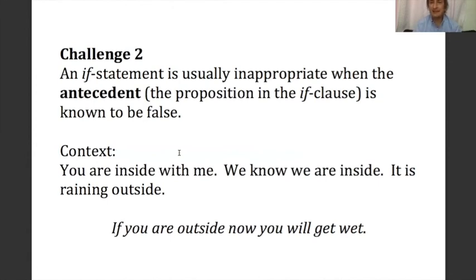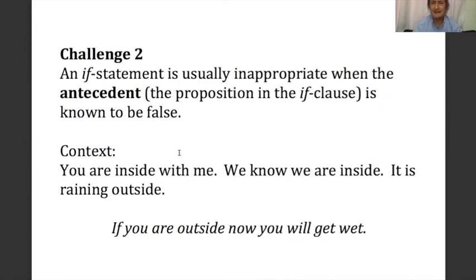Okay, we have a second challenge, which is this. An if statement is usually inappropriate when the antecedent is known to be false, at least the if statements we're looking at. So suppose you're inside with me, and you know you're inside, I know we're inside. There's no doubt about that. It's raining outside.